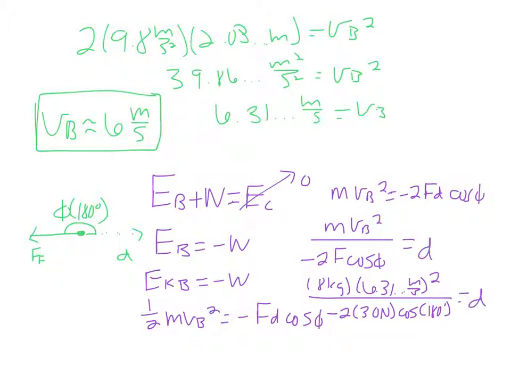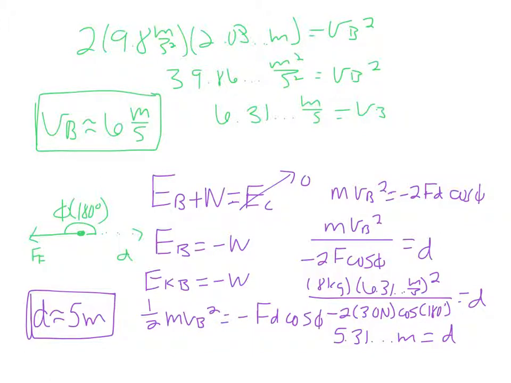The negative will go away because the cosine of 180 is negative 1. So 8 times 6.31 squared over 60 is equal to my distance. This comes out to 5.31, keeps on going, meters. Again, we only have one sig fig, so the box slides about 5 meters before coming to rest.